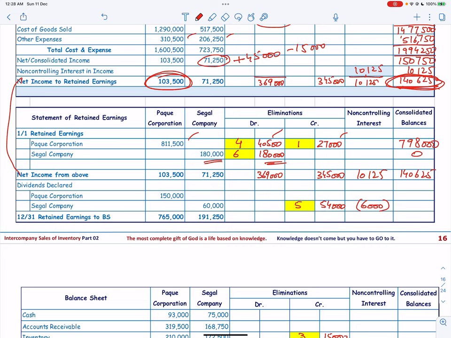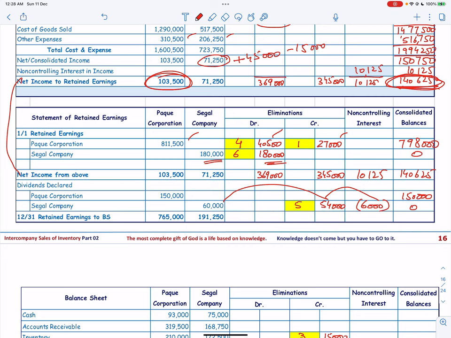Next, we will look into the dividend declared, and for the P company, obviously, we are going to subtract this amount of 150,000. And don't forget that only the dividend declared by the parent company will exist, and that is 150,000. And for the Segal company, you can see 60 minus 54 minus 6 is going to be 0.